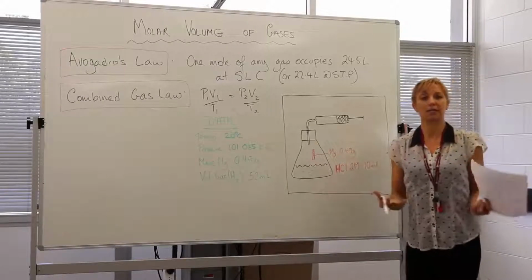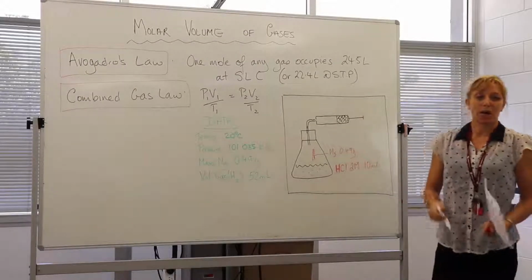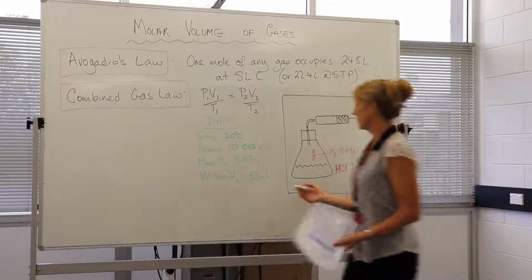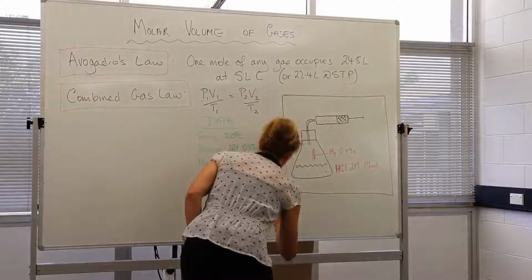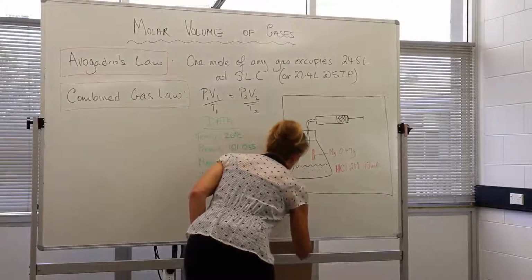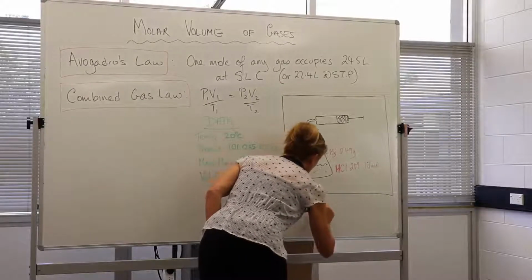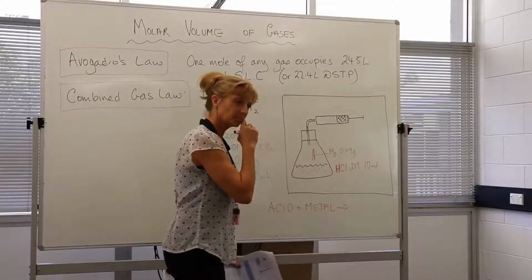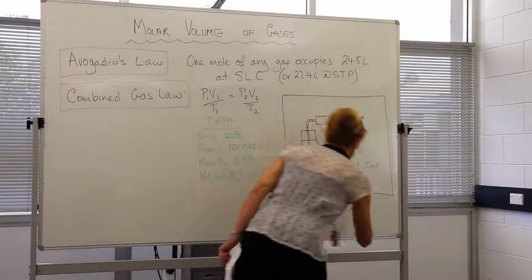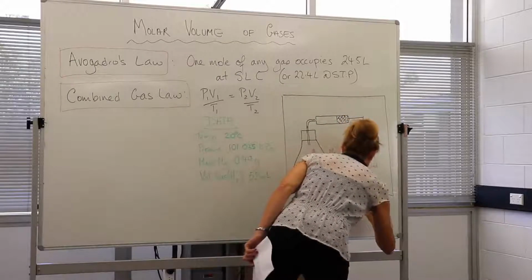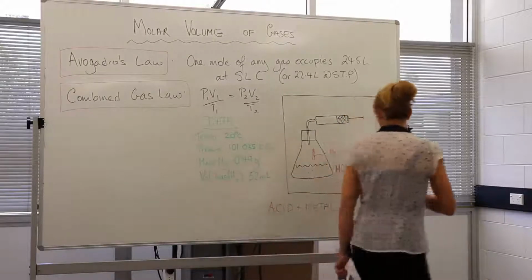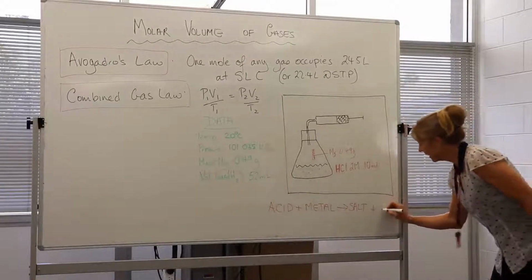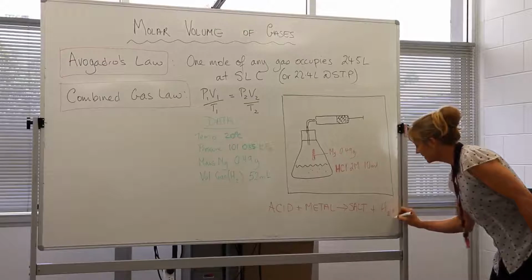So I want you to imagine this. I don't know whether you've seen this experiment, but in year 10, there's the rule that you've learned with acids, and one of the three is acid plus a metal. What's the other one? Acid plus metal gives salt plus hydrogen gas, H2 gas.